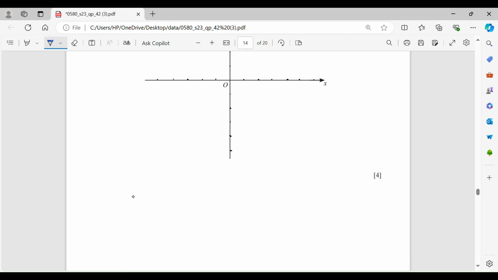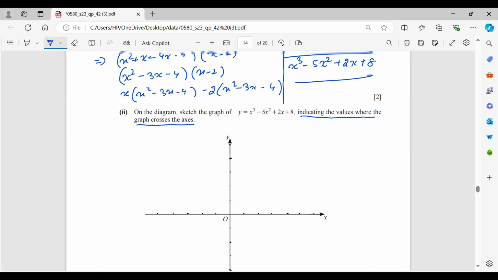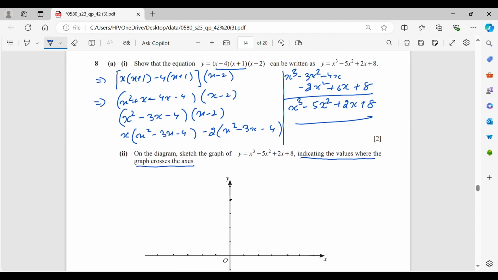So we know y is equal to x cube minus 5x square plus 2x plus 8. This was the equation, and we have already solved for this. This is x minus 4, x plus 1, x minus 2, right?